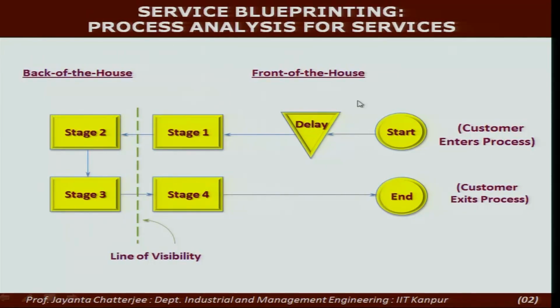There is some kind of delay, so this can be the reception, this can be the table booking system, this can be the ticket booking system, whatever. And then the customer goes through these stages and the customer exits. This is the traditional way of looking at process flow through the service.